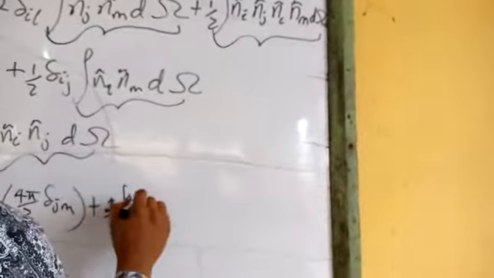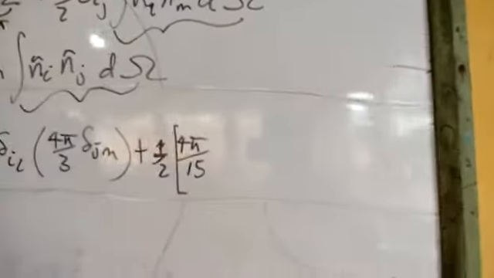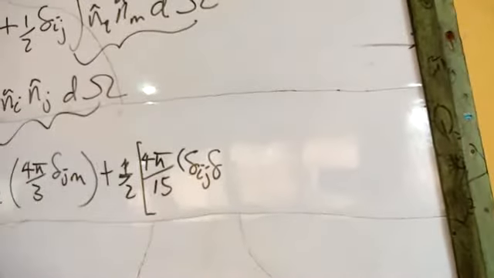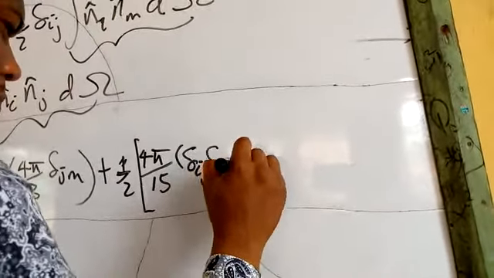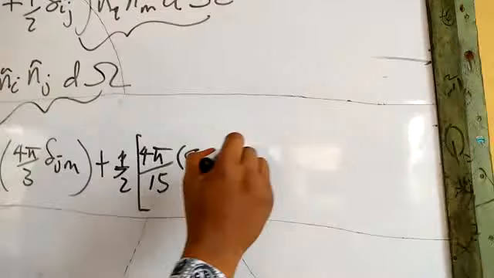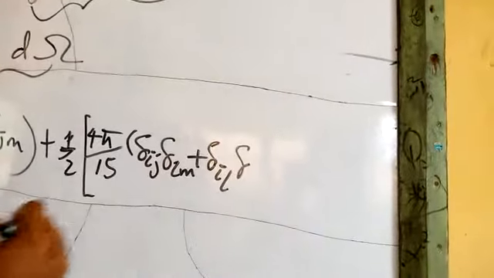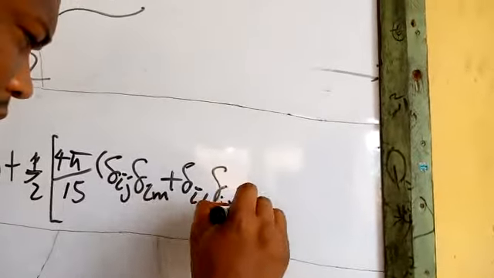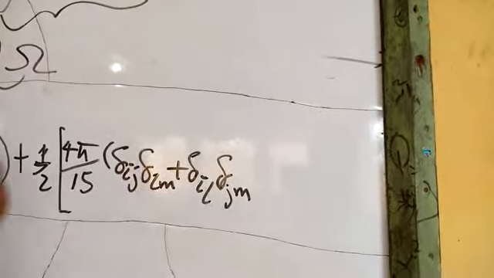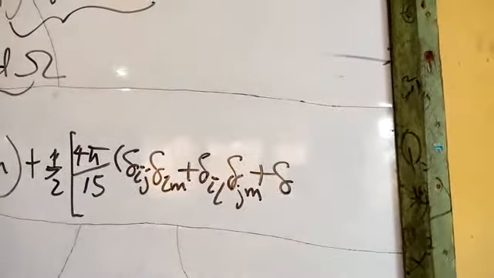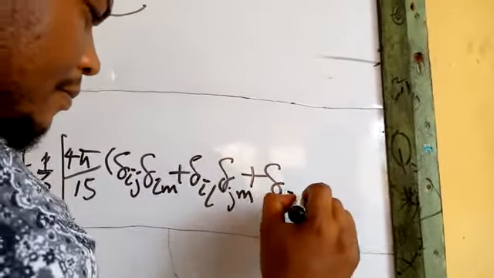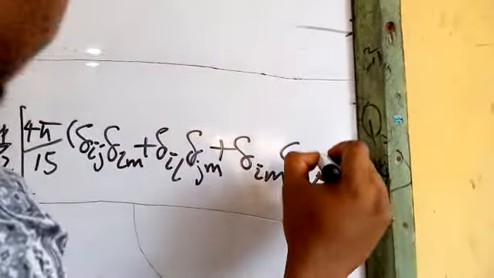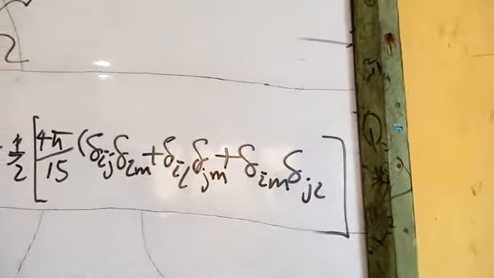That is 4 pi all over 15. And then I have here with me Kronecker delta ij, Kronecker delta here, i iota m plus Kronecker delta iota l, Kronecker delta here, jm, and then plus Kronecker delta iota m plus, then of course that is j iota. And that is what we get for that one.